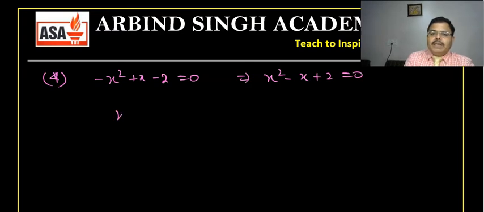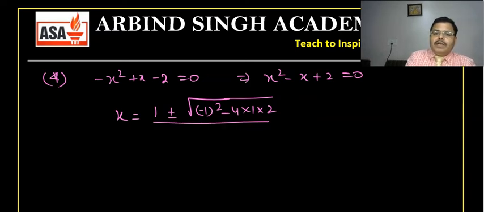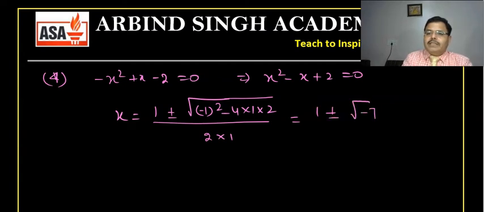But still, if I am using the quadratic formula, this is minus b, minus of minus 1, that would be plus 1, plus minus root b square minus 4ac, divided by 2a, 2 into 1. And what is that? 1 plus minus root 1 minus 8, that is under root minus 7 by 2, and that further comes as 1 plus minus root 7 iota by 2.